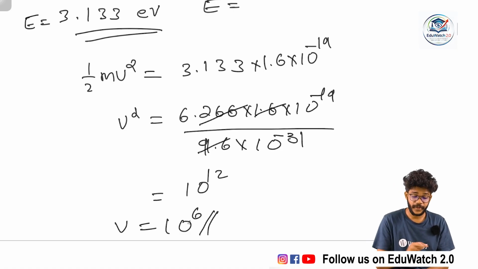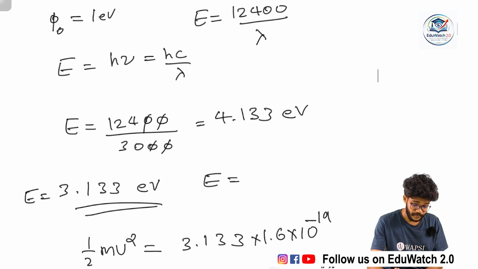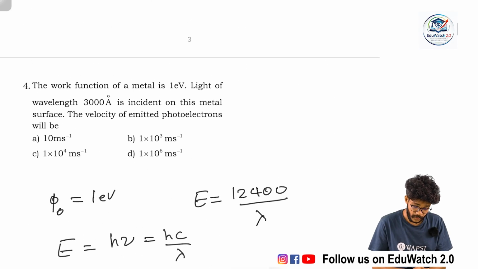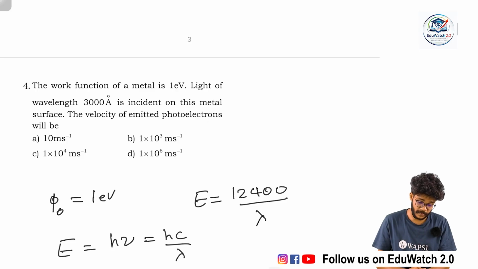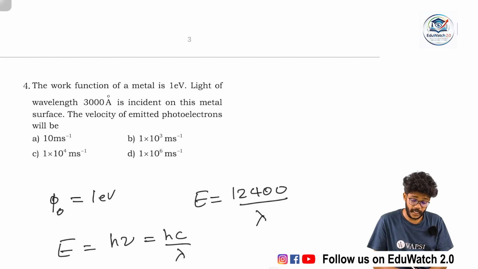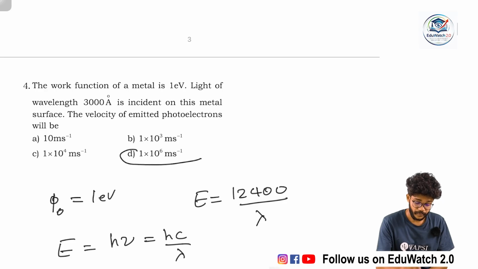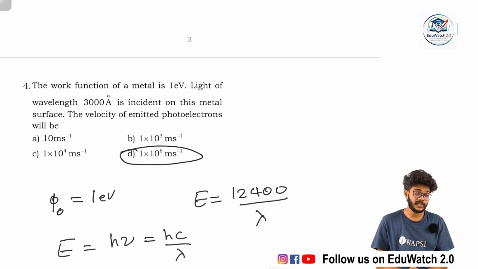Then we only derive the formula for v square, do the calculation with approximation, and 10 raised to minus 19 divided by 10 raised to minus 31 gives 10 raised to 6. 10 raised to 6 meter per second is the one and only option, and the other options are very far from it. So option D is the correct answer.